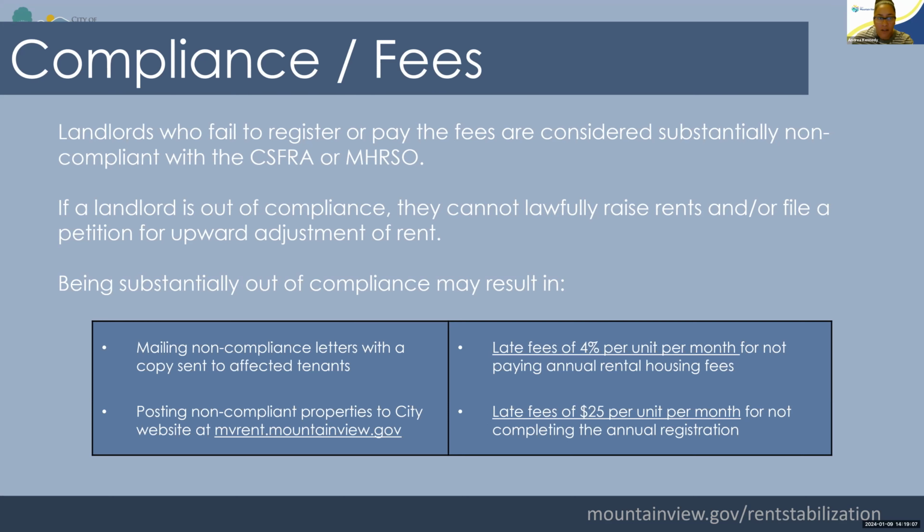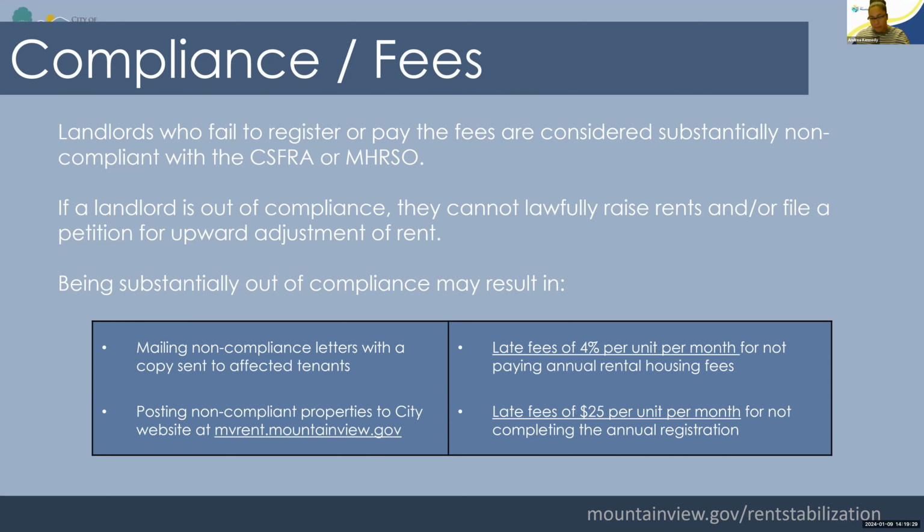The other thing that happens is the database that we're in is searchable in a very limited way, but it will let anyone from the public see if properties have registered or paid their fees. I can show you where that feature is. The other thing are the penalties.